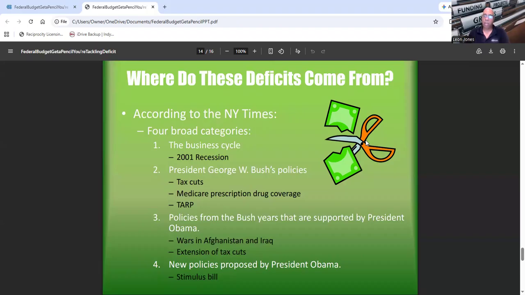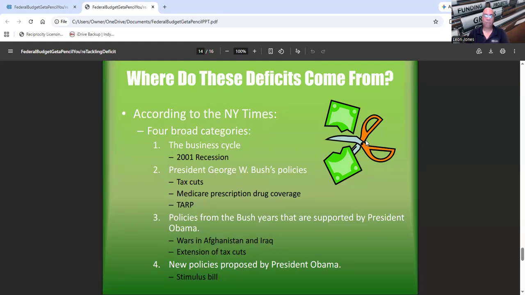But how do you know when we have a recession? I guess they claim that if you have two quarters back to back, that's a recession. But tax cuts, that is not contributing to a deficit. A deficit is spending more than you make.